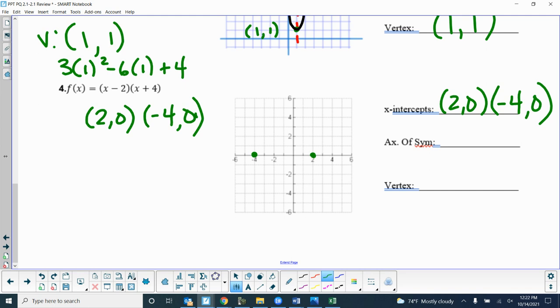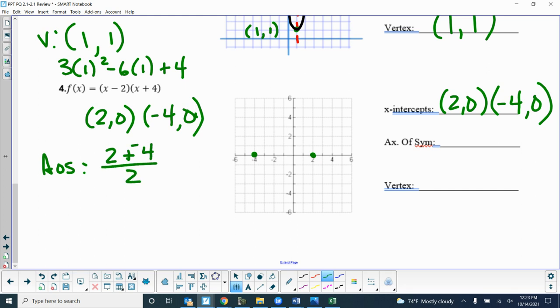Okay, does it open up or down? Up, right? My A value is what? Positive 1. There's no number out front. It's a positive 1. Axis of symmetry then is cutting this in half. The little formula is just adding the 2 intercepts, the 2 plus the negative 4, and divide by 2.